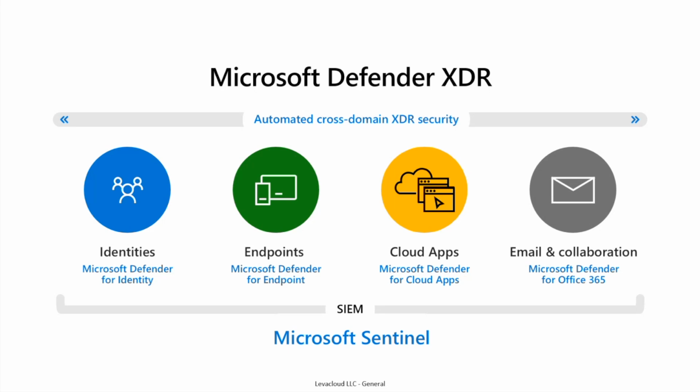And then Microsoft Sentinel, which is the cloud native SIEM product, allows you to ingest all of that information, store it for long periods of time if you need to from a regulatory perspective, and build all sorts of automations to take it another step further beyond that as well.